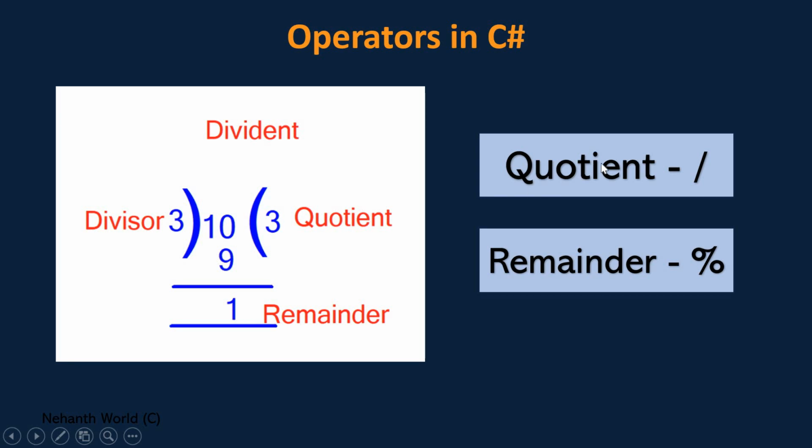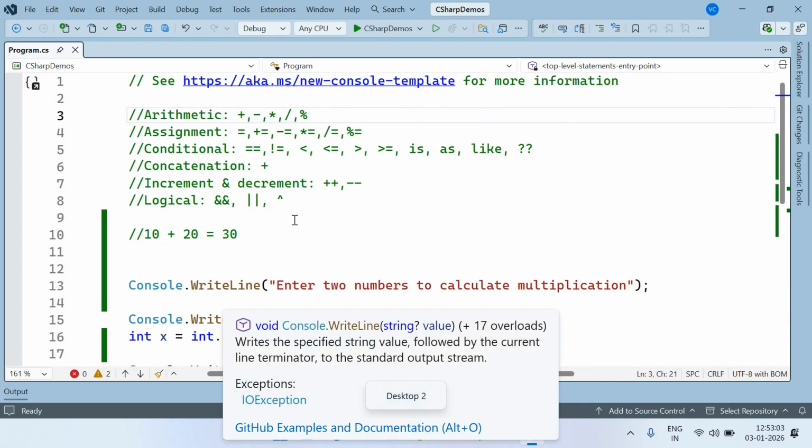If we use the divide operator, that means slash is the divide operator, we will get quotient, that means this value. If you use percentile, that means modulo division, we will get the remainder. That is value 1, this one. Let us see that in program.